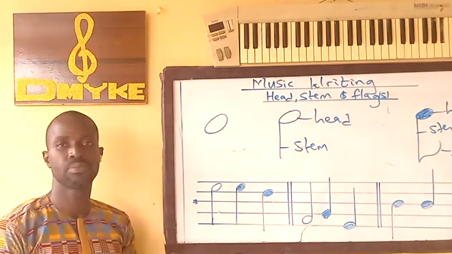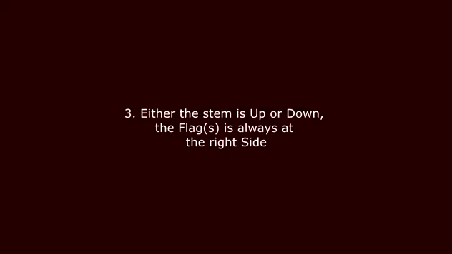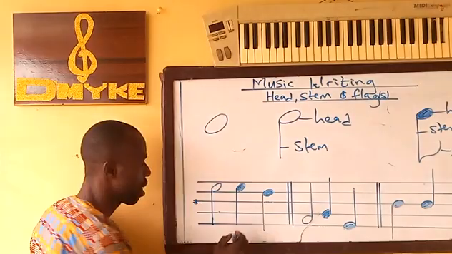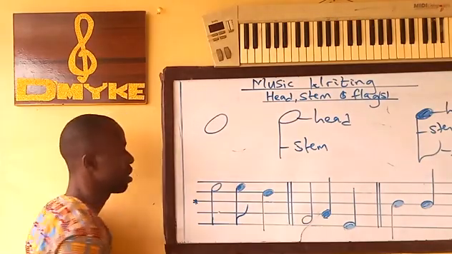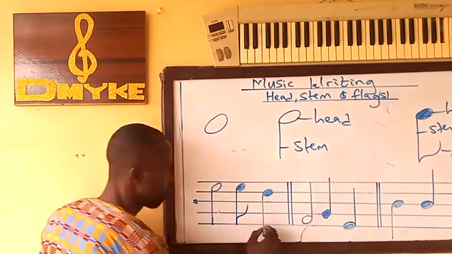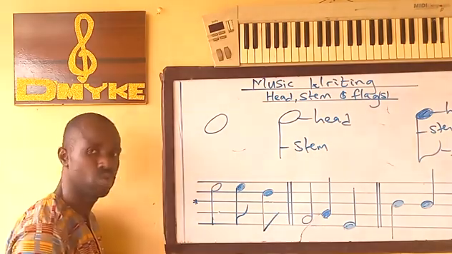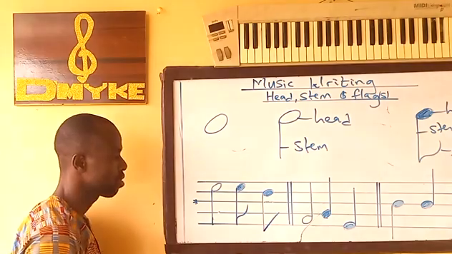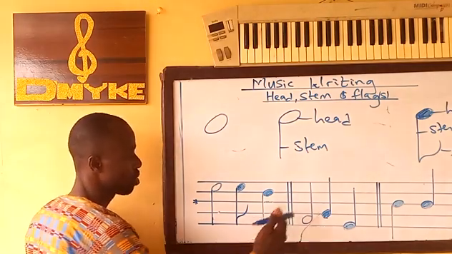Rule 3. Either the stem is down or up, the flag is always at the right side. You can have it this way or you can have it this way. You are correct. So the flag is always at the right side.